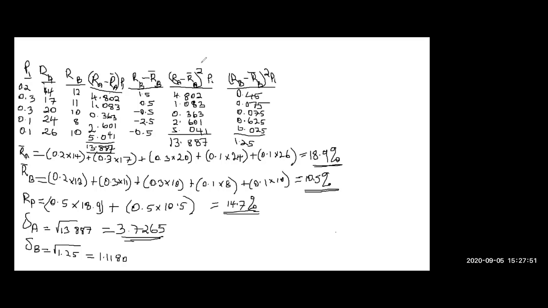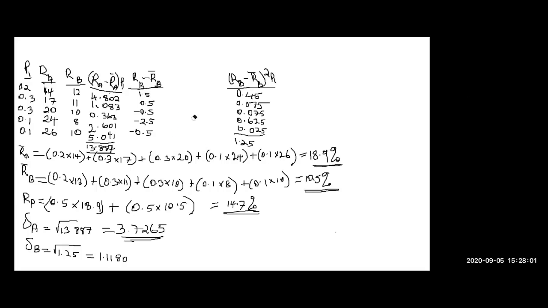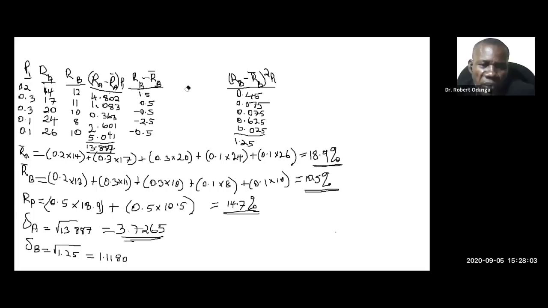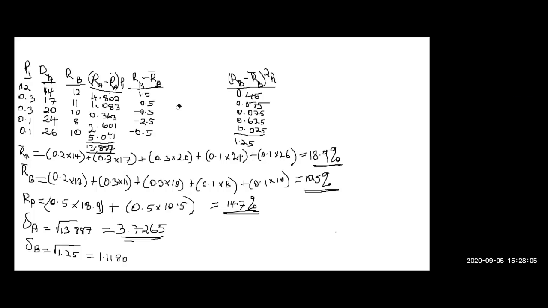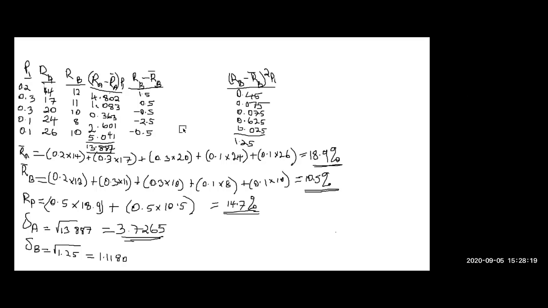So we've just brought this one down here. You can do it at the same time so that you don't have to go through the several steps. If you understand what you're doing, I've just copied whatever was here and brought it here to eliminate the same thing. For the sake of space, we now need to determine the covariances so we can determine the risk of the portfolio.